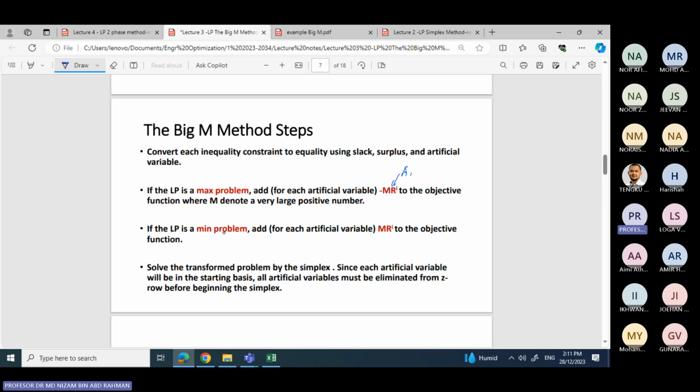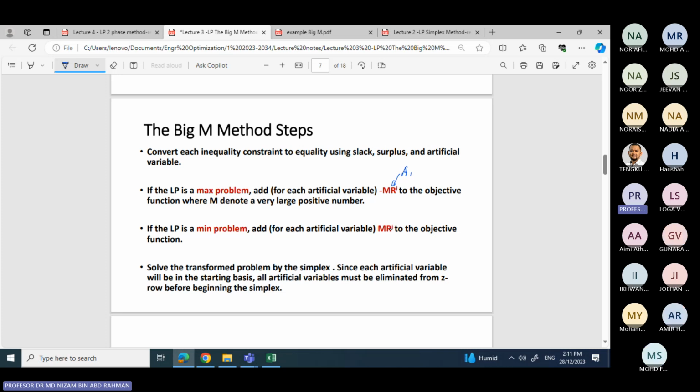Similarly for minimization, you put plus M, a huge positive number, so if you include the artificial variable in the solution, the value will be very huge, and again the simplex algorithm will force the artificial variable out of the solution.